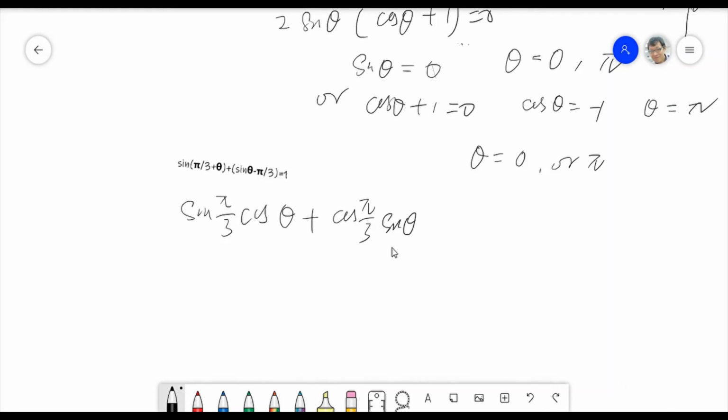The second one is sine theta cosine pi over 3 minus cosine theta sine pi over 3, equals 1.